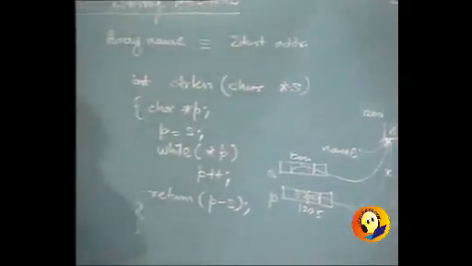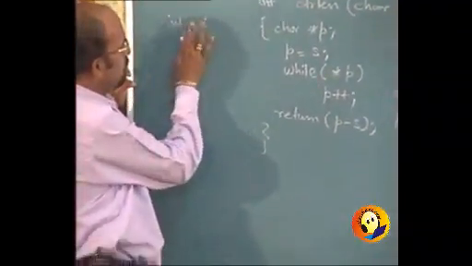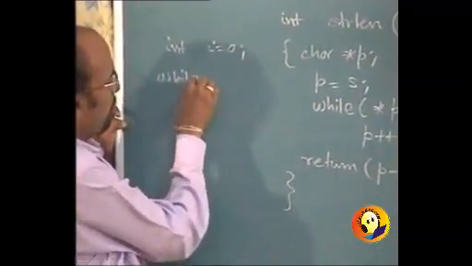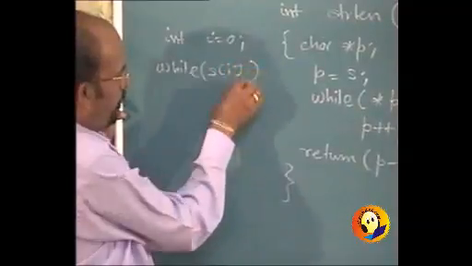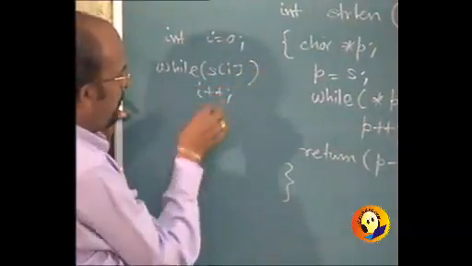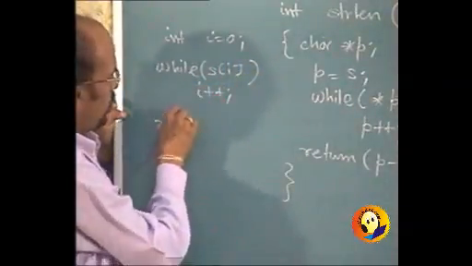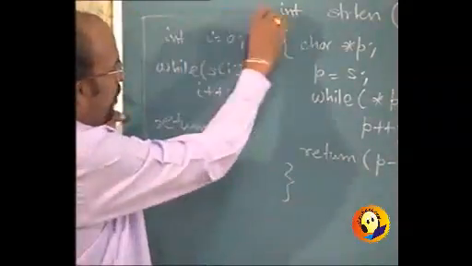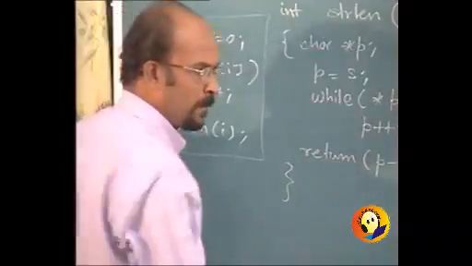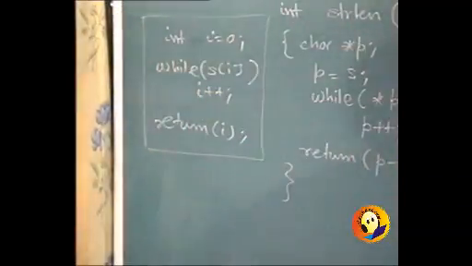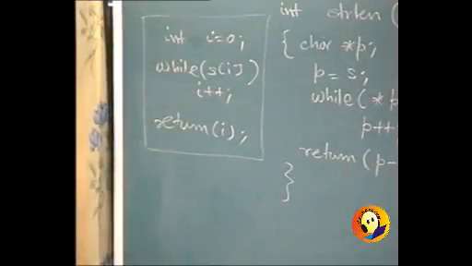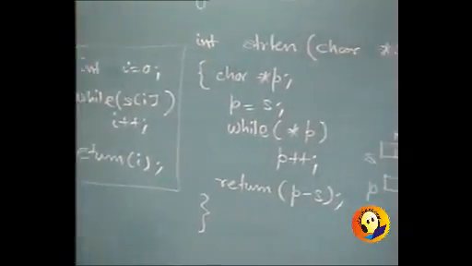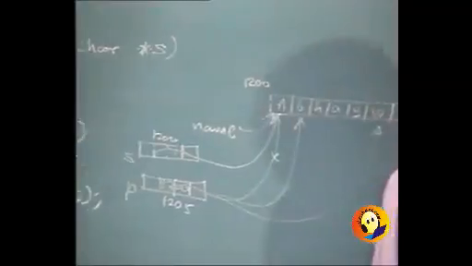Just to recall, we had our earlier function written in this manner. This was our string length function which we had written previously. Which is more effective?